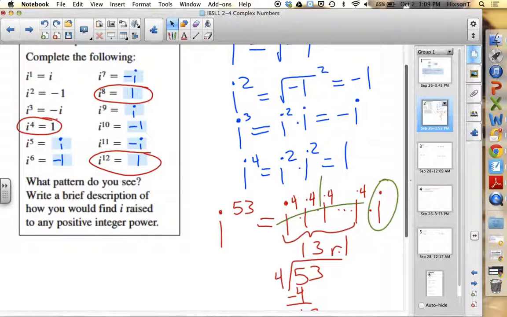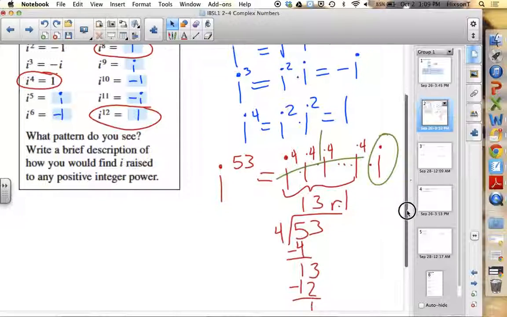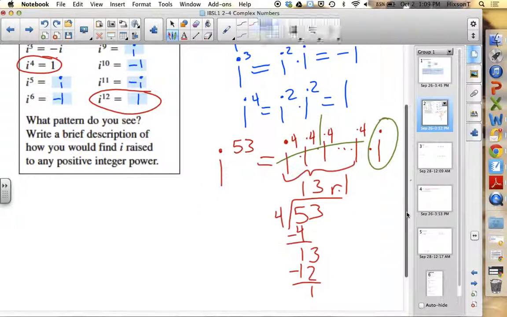Yes, okay? So, for example, if I did I to the 42nd power, well, 42 divided by 4 would be 10 with a remainder of 2, right? So we could say that that's the same as I squared, which is -1. Okay?